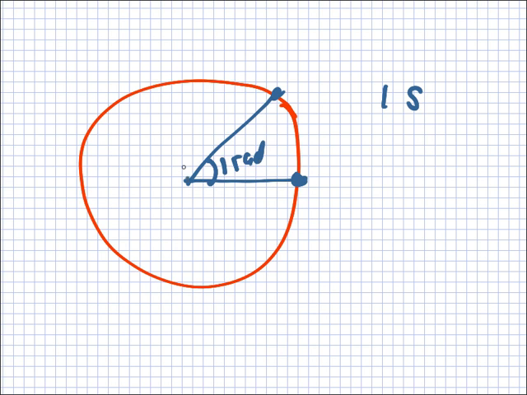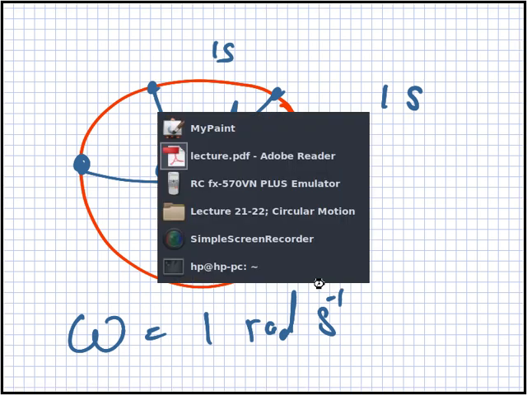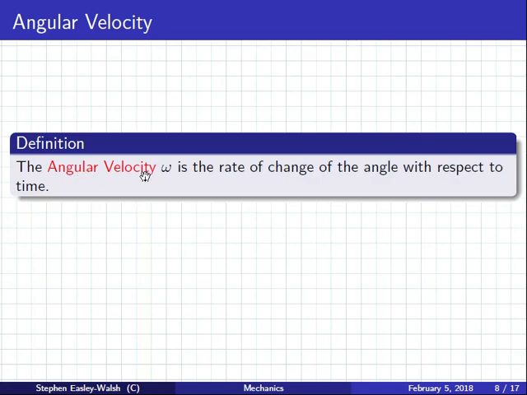Okay, and then 1 second later it moves 1 radian again, and then another second it moves 1 radian. We would say omega equals 1 radian per second. So it's like how quickly the angle changes. This is called the angular velocity. It's the change of the angle per time.